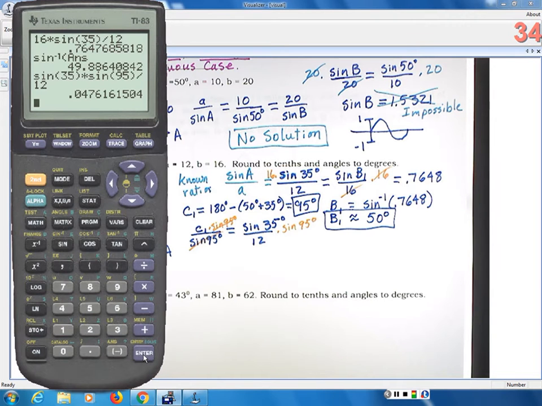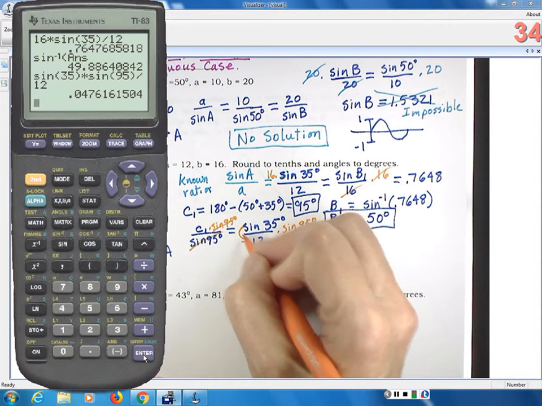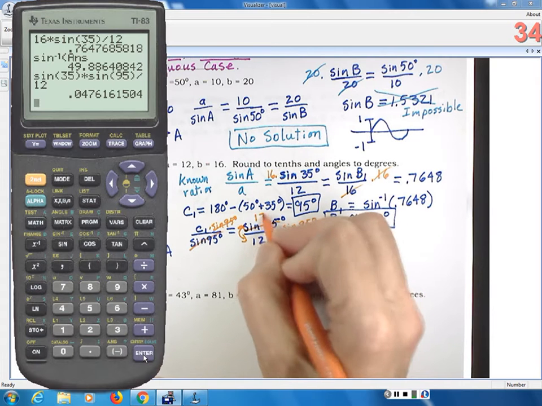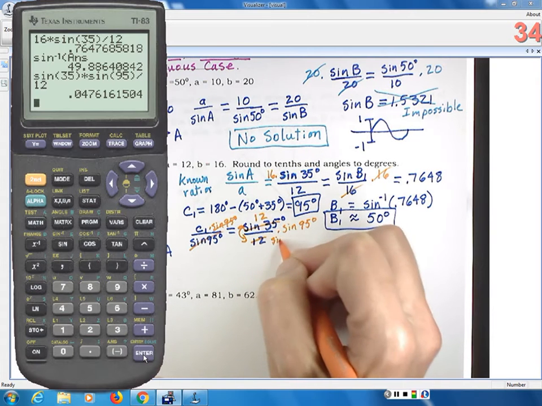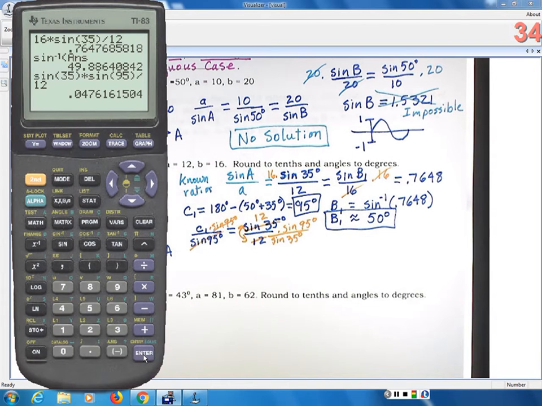Did I do? Oh, I split this. Bad me. This was flipped. This is 12 over sine, and I knew I did something wrong because I got a totally weird answer.